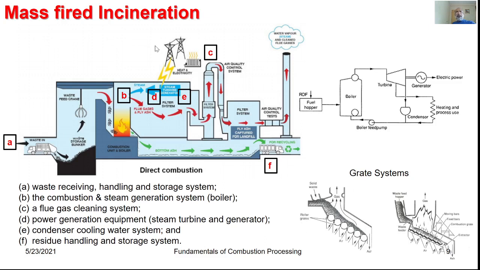This mass-fired incinerator system usually employs the moving grid systems. However, the grid systems could be moving or it could also be stationary, which can be employed for the variety of incinerators.